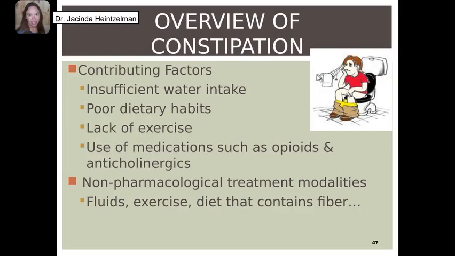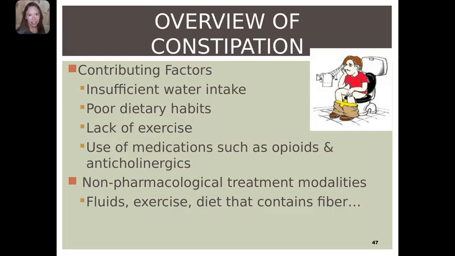Now let's talk about another GI complication, and this would be constipation. So what exactly is happening? Well, now the patient can't have a bowel movement. Why is this happening? Well, maybe they're not getting enough water intake in their diet. Maybe they're not eating good food, so they're not getting that good fiber in their diet. Maybe they're immobile, or they're just a couch potato, and so they're lacking exercise, which is slowing down peristalsis.